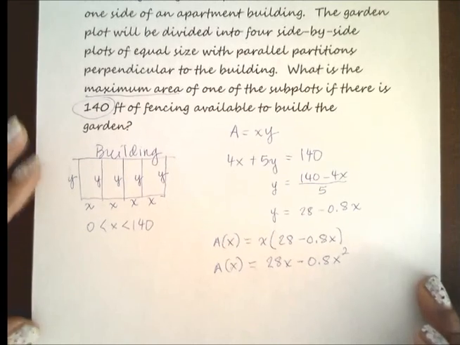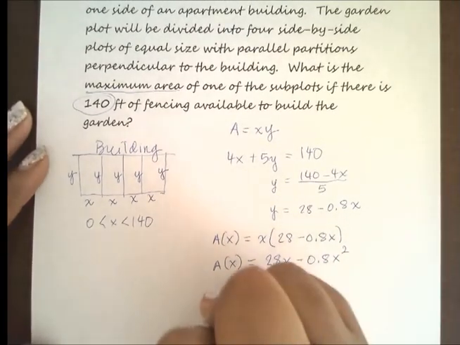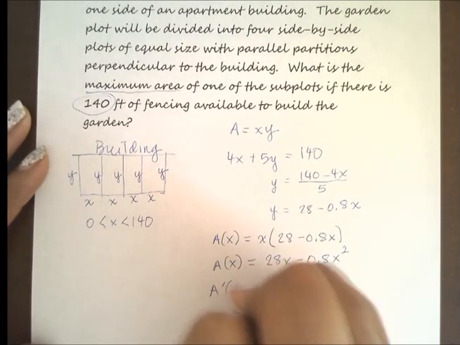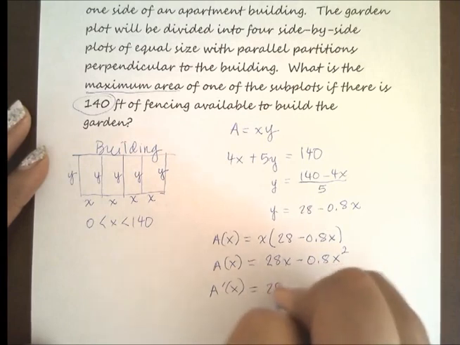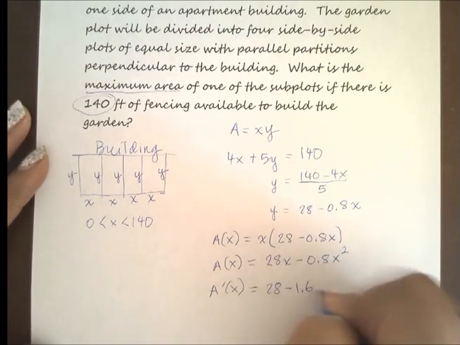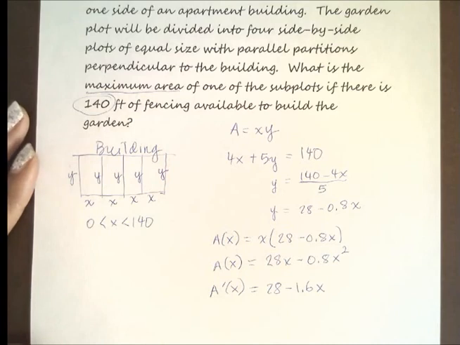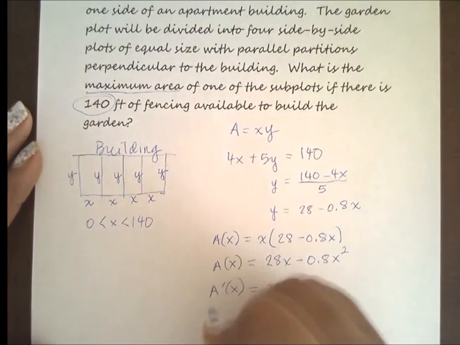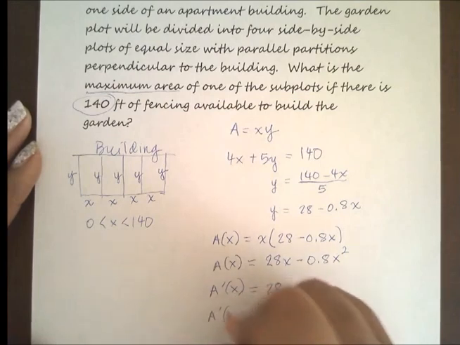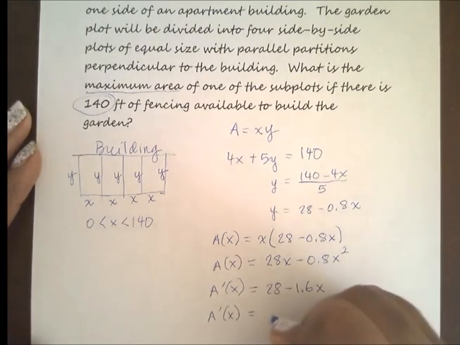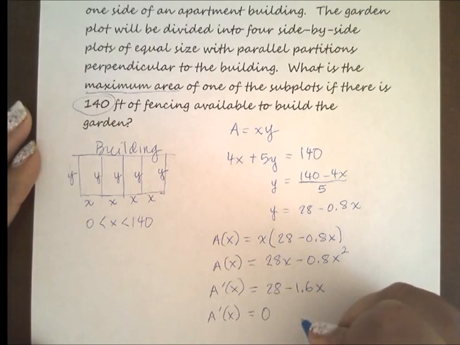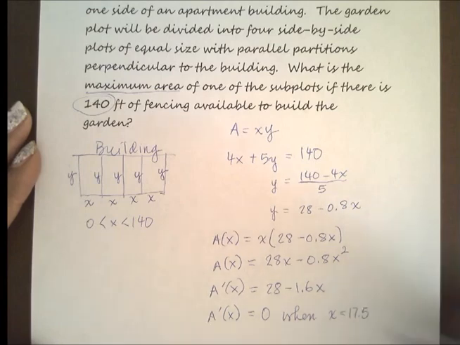So let's find the critical points, which means first let's find the derivative. A prime of x is equal to 28 minus 1.6x. This is a polynomial, so it's never undefined, but it is equal to 0. A prime of x is equal to 0 when x is equal to 17.5.